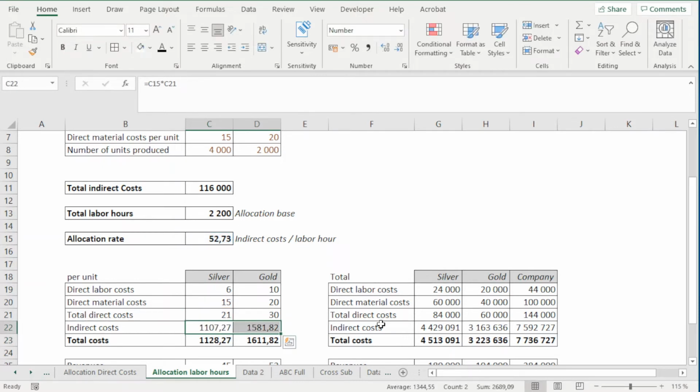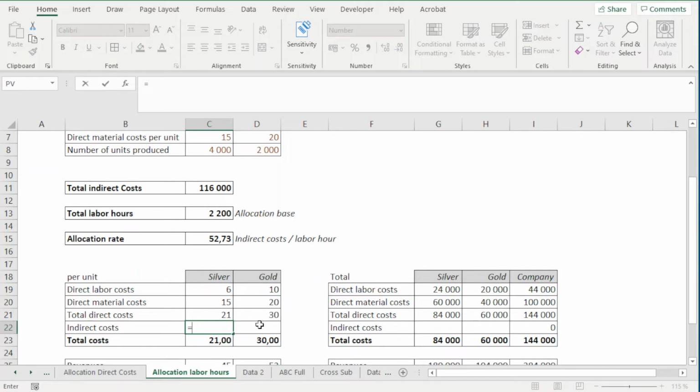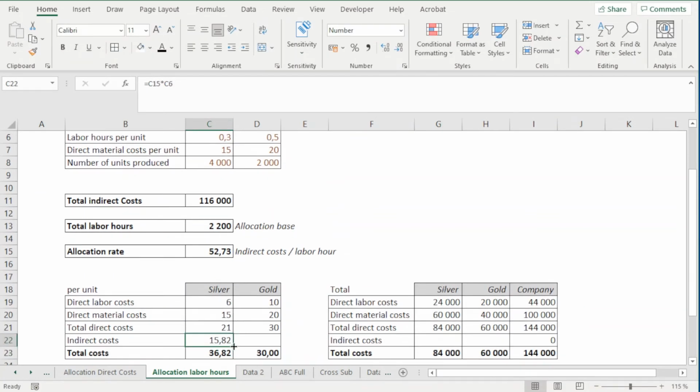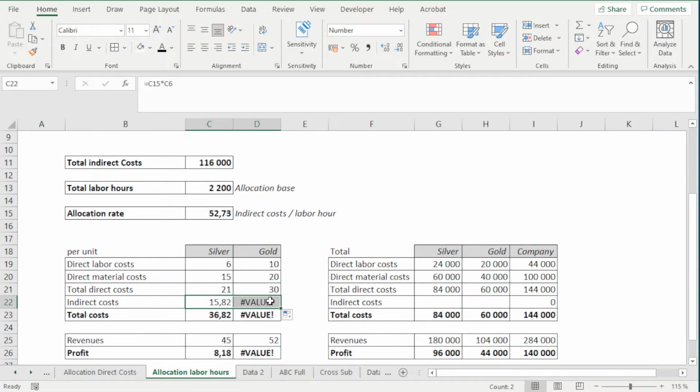So this is why we delete all these calculations, and we recalculate the indirect costs as follows. We will now take the indirect costs per labor hour and we will multiply with the labor hours per unit. And the same calculation also for the second product.